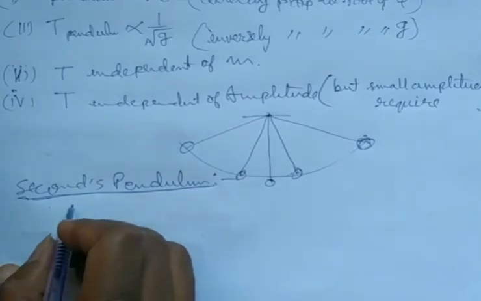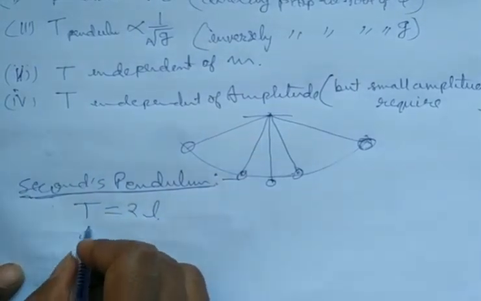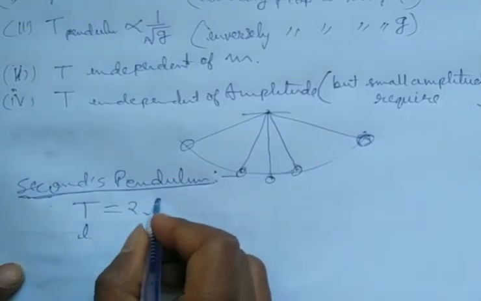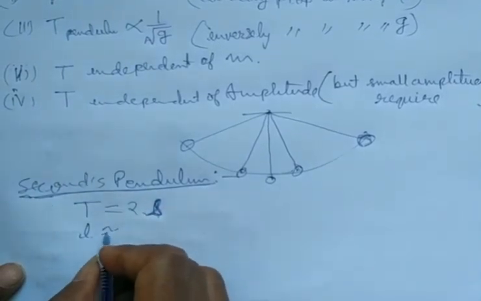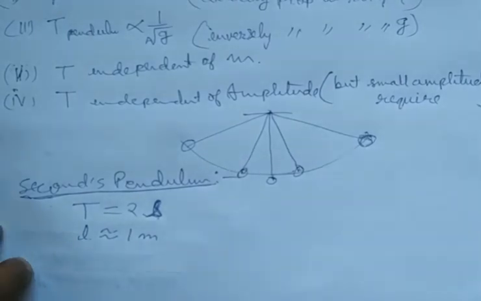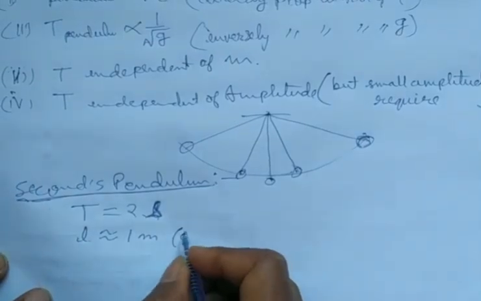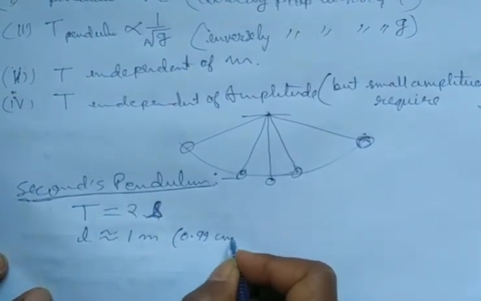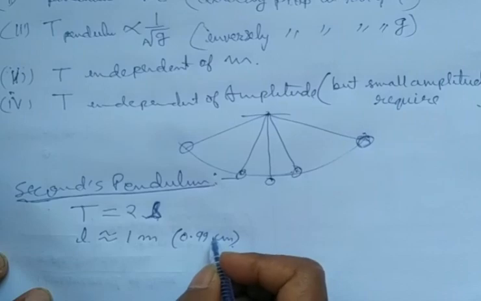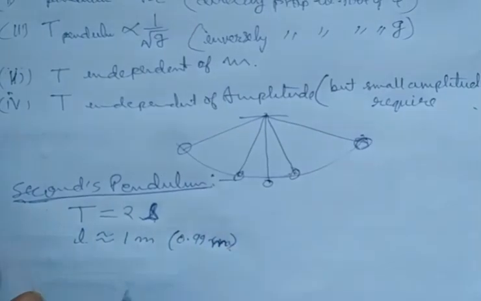And its length is approximately 1 meter, slightly less than 1 meter, actually 0.99 meter, I mean 99 centimeter. So that is the seconds pendulum.